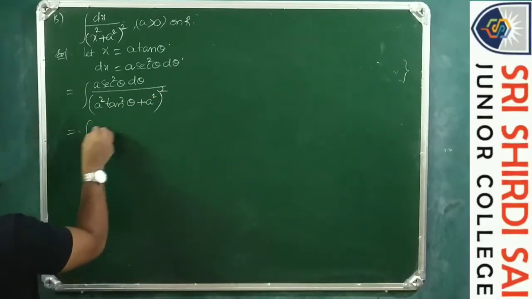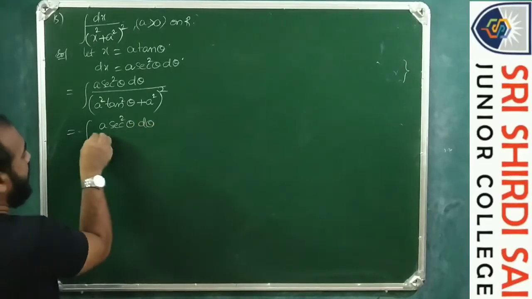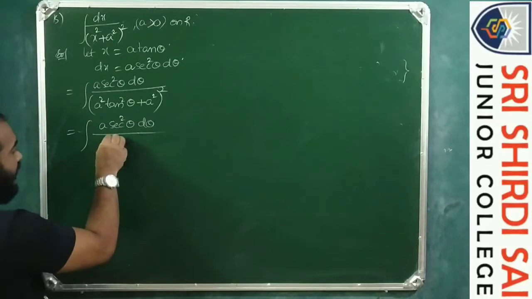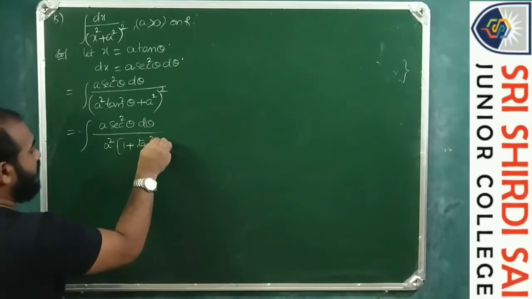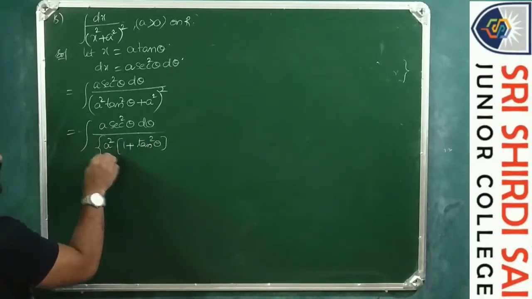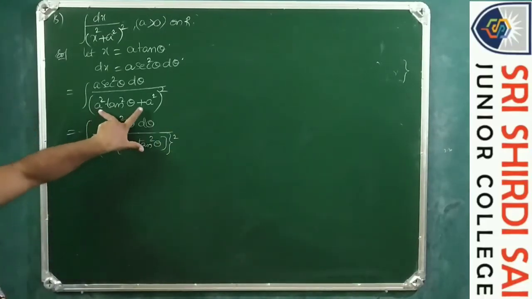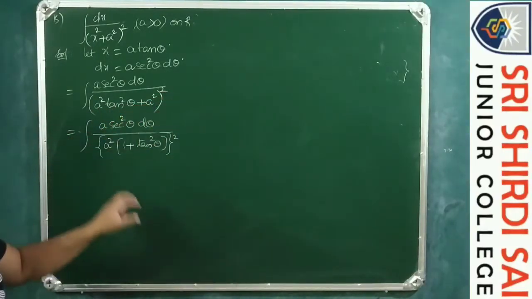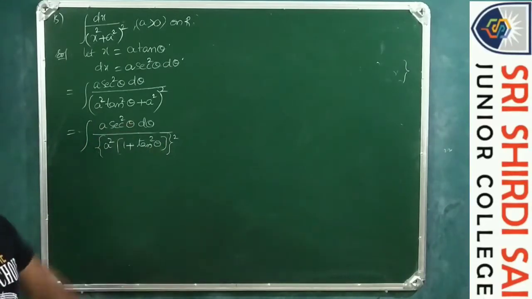This is equal to a secant square theta d theta by, take a square common in both of them, then we'll get (1 plus tan square theta) whole square. So a square I have taken common, then 1 plus tan square theta totally whole square.